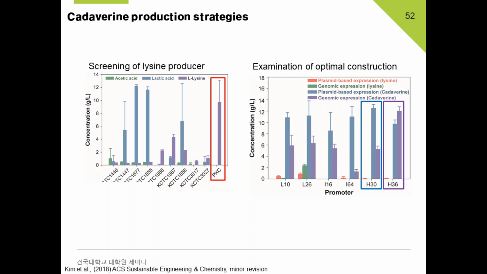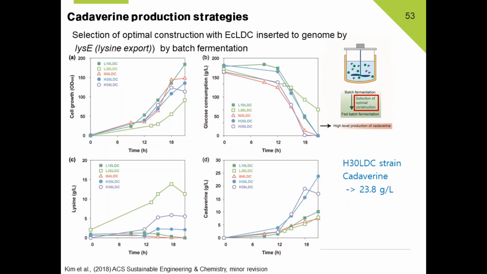For flask culture, the H30 promoter was better at producing cadaverine, but for genome-based expression, it was the H36 promoter. But for flask culture, the environment for cadaverine production was not very well controlled.